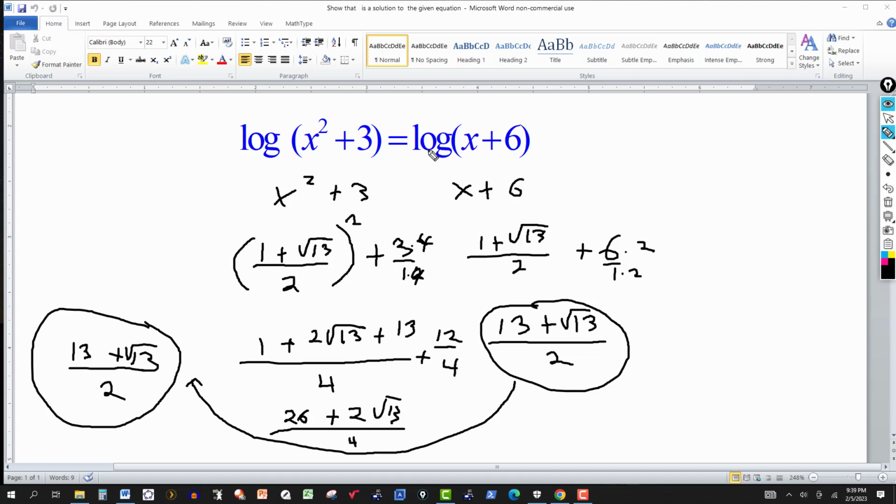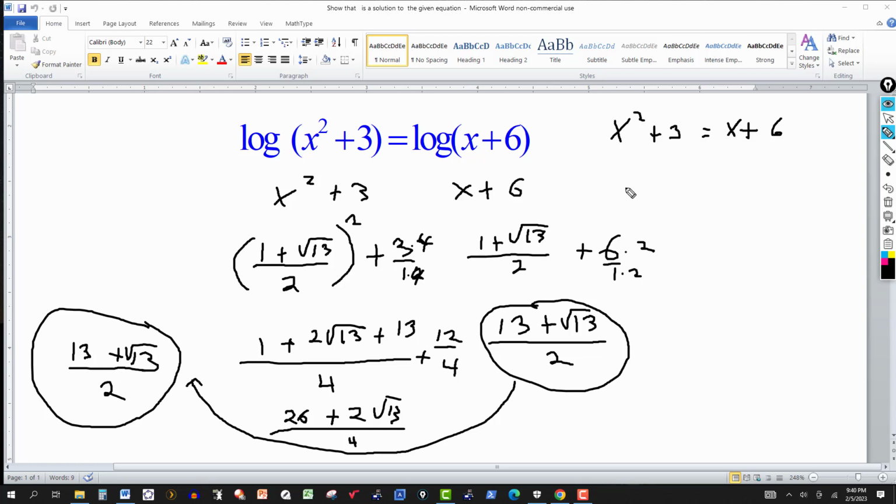Now if you were going to solve this equation, you would start this way. Normally you can write the log equation as a single log. If you have it broken down this way, with nothing added on this side or over here, you can just say x squared plus 3 should equal x plus 6.